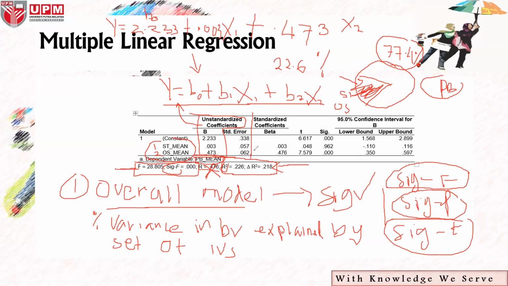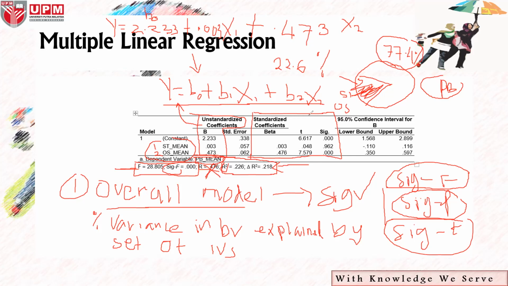Okay, next one adalah we want to know. Tadi, just now we already know that our overall model is significant. Now, we want to know which variable between social trust and organizational support significantly influences our dependent variable. Kita nak tahu, tadi kita tahu keseluruhan model significant, tapi kita tak tahu lagi variable mana yang mempengaruhi DV kita ni secara significant.